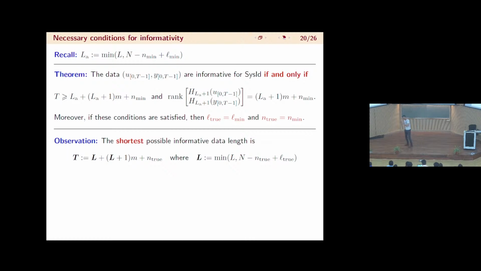If the data are informative for system identification, I can substitute L min equal to L true here, N min equal to N true here, and I can define this boldface L, which is the minimum of L and N true minus N true plus L true.